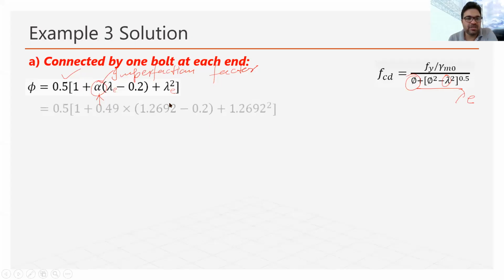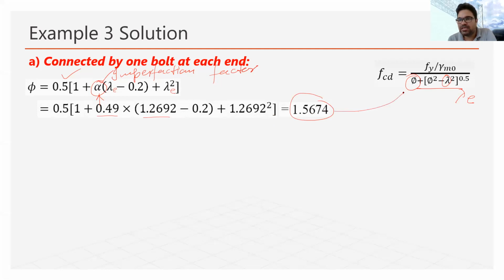Here, putting the values, you can see the alpha value is 0.49, and the lambda E value we have already calculated, so all the values are known. The phi value comes out as 1.5674. We will put that value in this formula, and now we know all the values.